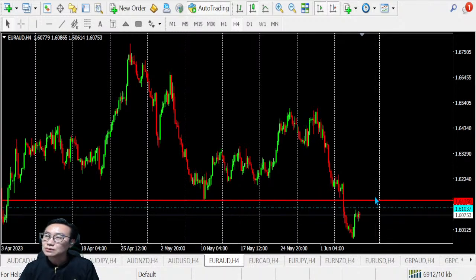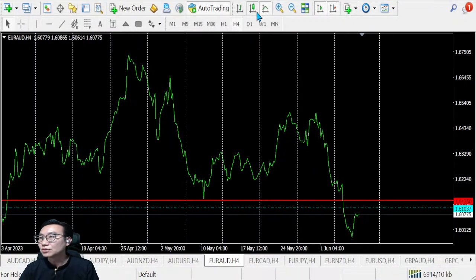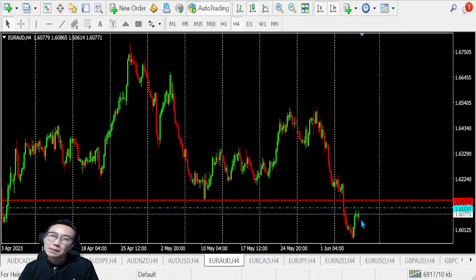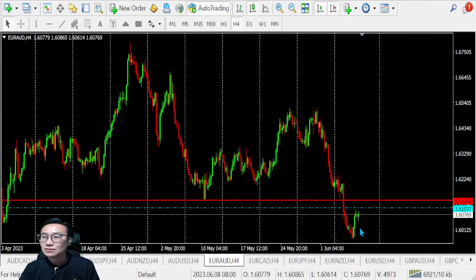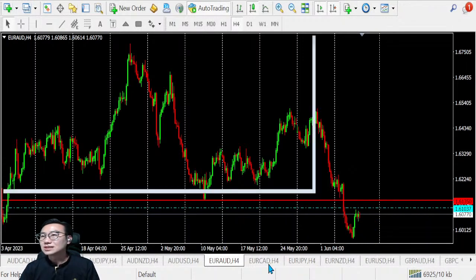Unless it starts to build selling at this point, there will be a good chance. But for Euro Aussie, maybe on the next 4-hour session we will be able to tell. Currently we are stuck in an area where we can't tell whether it is going up or coming back down again. All right, so we'll skip this first.